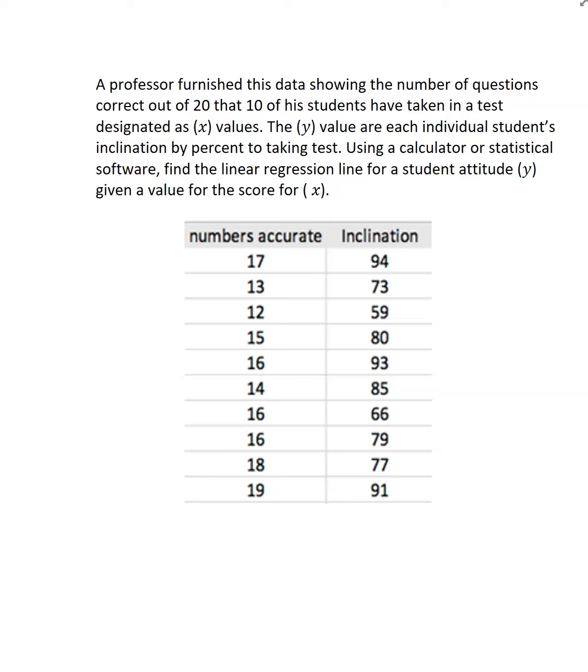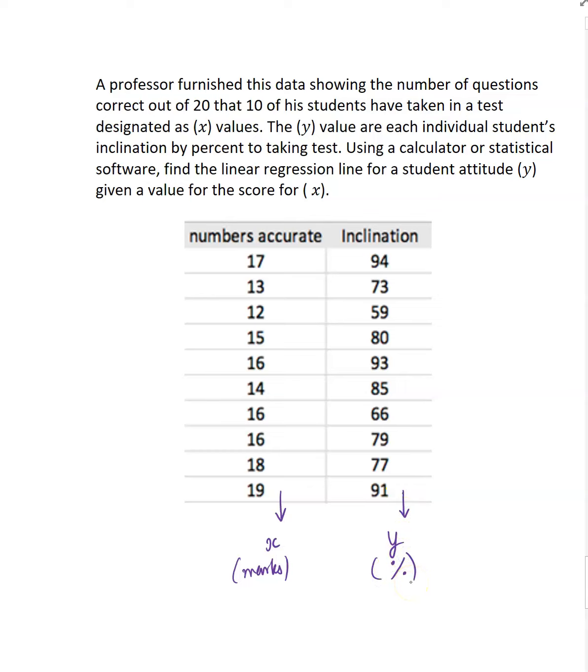So you can clearly see that these are values within 20, so it must be your X values. These are the test scores that they got correct. So this is the X column, and the Y are the values for each student's inclination by percentage. Okay, these are the marks or the points. And so this is your Y, and this is measured in percentage.